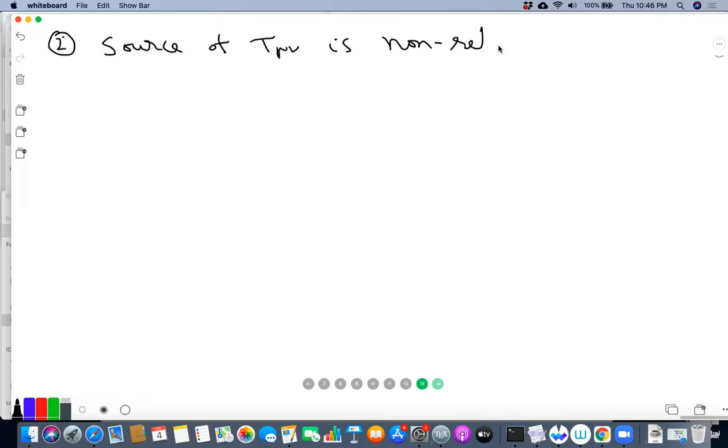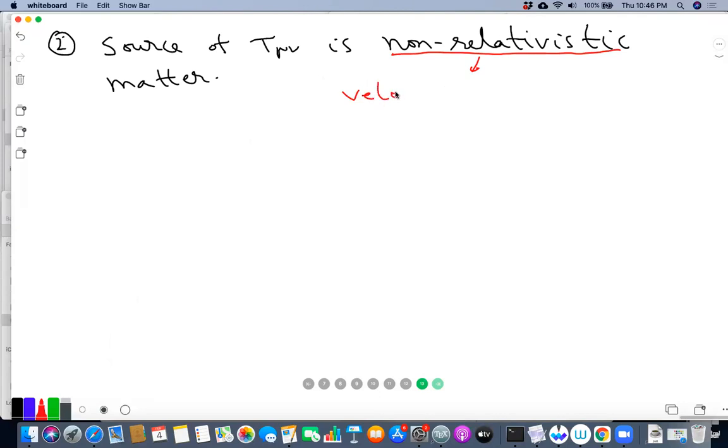Non-relativistic here basically means that the velocity is small compared to the speed of light. Slowly moving objects. Or in our notation, where c has been set equal to 1, the velocity is small compared to 1.